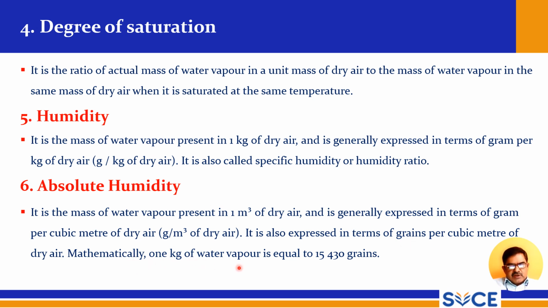Mathematically, 1 kg of water vapor is equal to 15,430 grains. So that is in terms of grains, not grams. So this is absolute humidity. Absolute humidity is dealt with in terms of meter cube volume, whereas specific humidity is per kg. So please remember this.